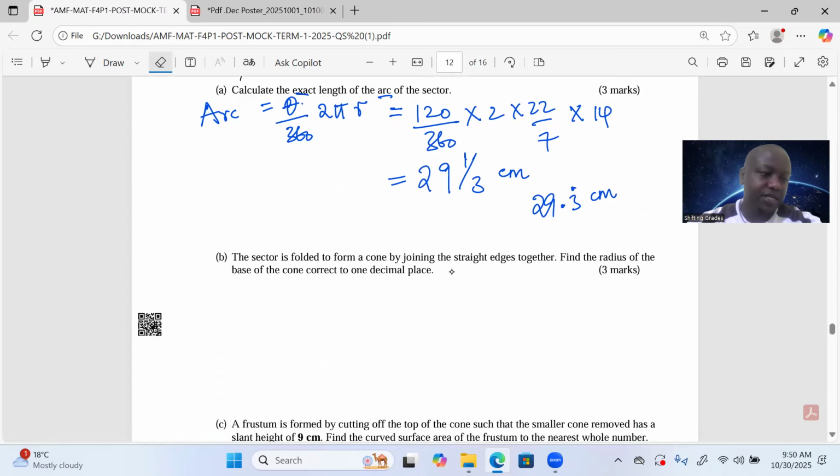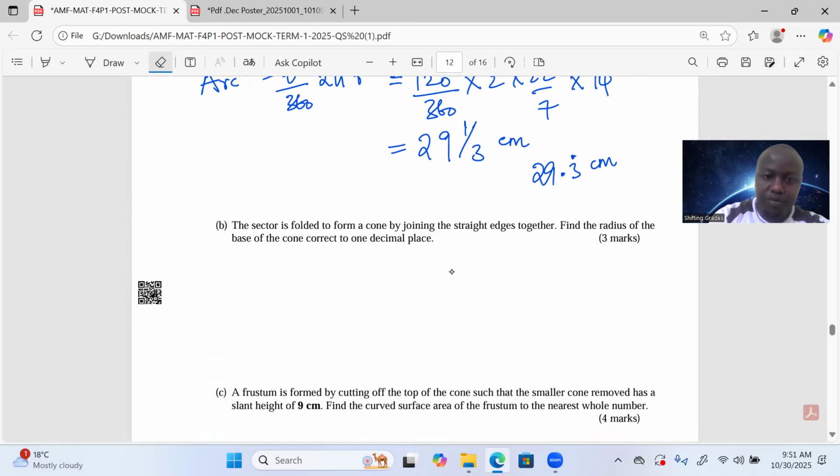I described that using the camera, though I'd not prepared for the same. But in case a sector is folded, it usually becomes a cone. I think that is something I should have demonstrated. Let me cut some piece of paper here so that I may show you.